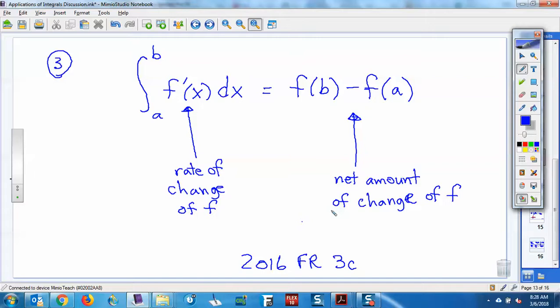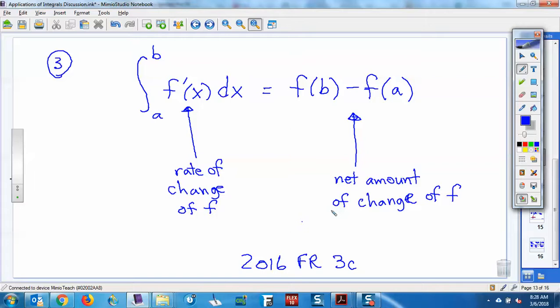If you're doing the definite integral of a rate of change, that gives you the net amount of change. Well, think about it. Think about if the f prime was miles per hour, velocity. Then f would be miles. Well, f of b would be your ending position, and f of a would be your beginning position. And that's displacement.